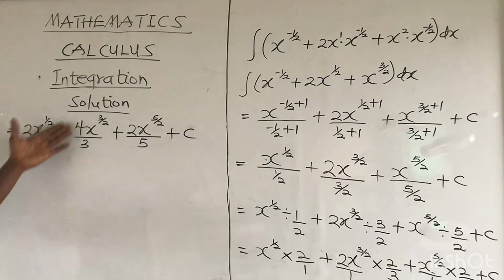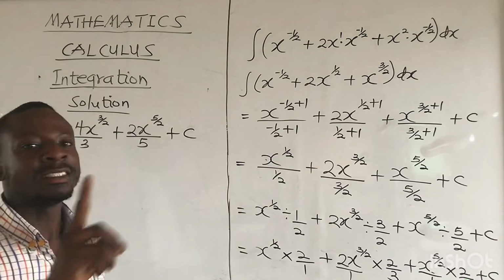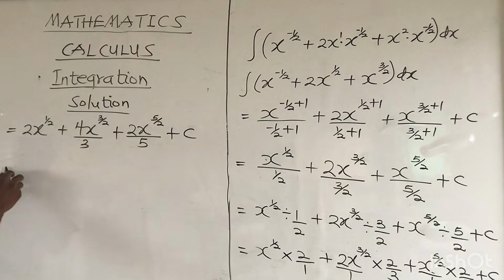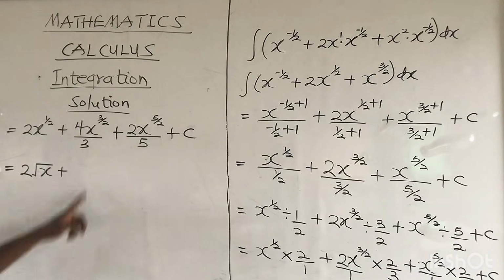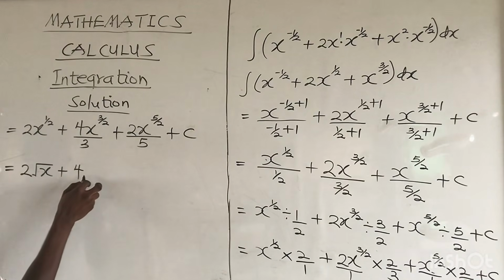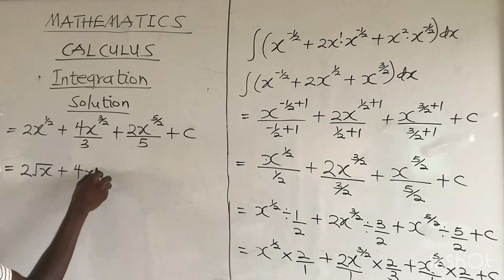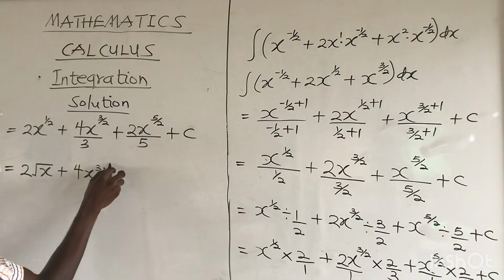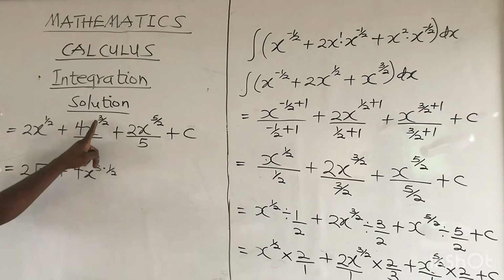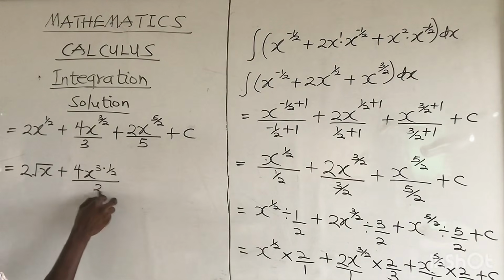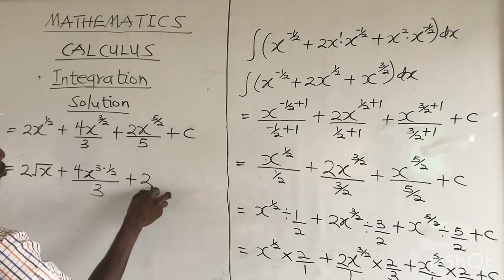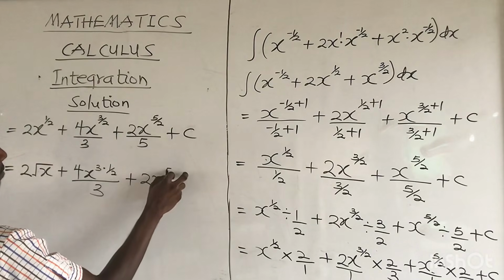So here we are going to rewrite them in the root form. So we have 2. Now we know that x power half is the same as root x, plus here we are going to have 4x cubed multiplying half, because it's 3 over 2, which is the same as 3 multiplying half all over 3, plus 2x exponent 5.